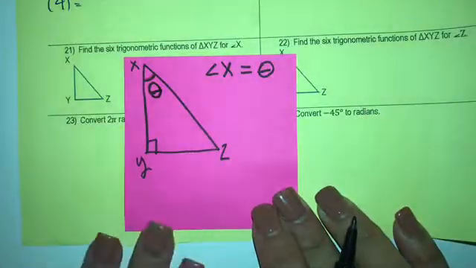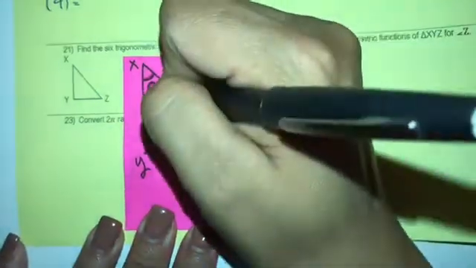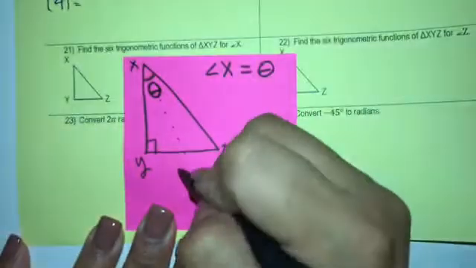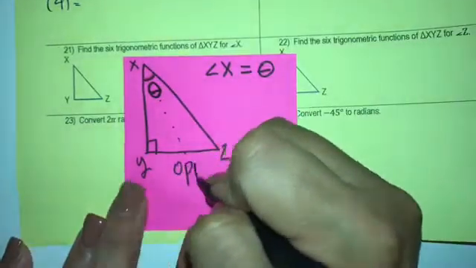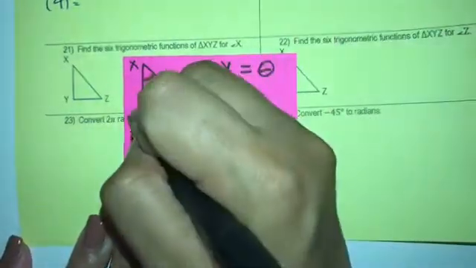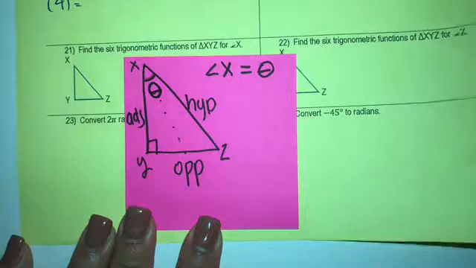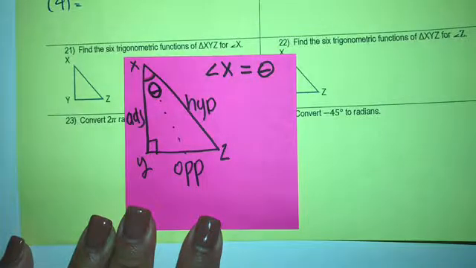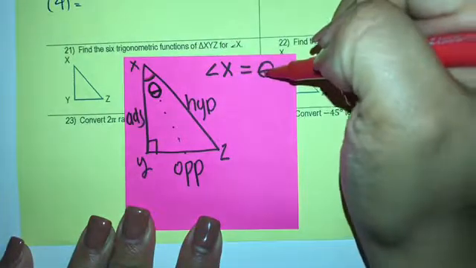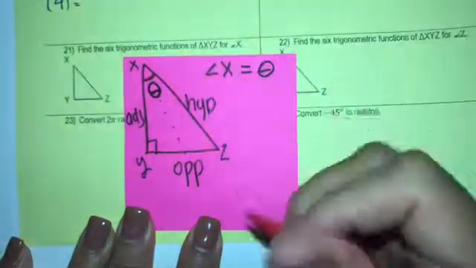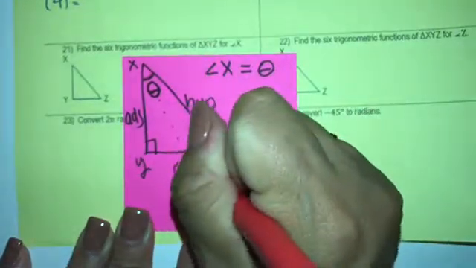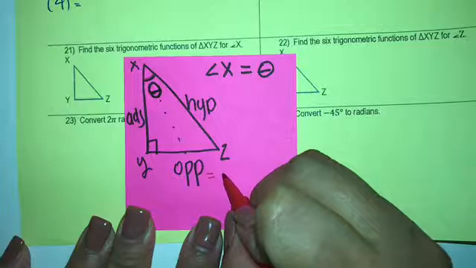So let's go ahead and designate our sides. If we go across, this is going to be the opposite. So this will be the adjacent, and this will be the hypotenuse. Something very specific to this problem is because we're looking for theta or angle X, we're also going to call this side little x.